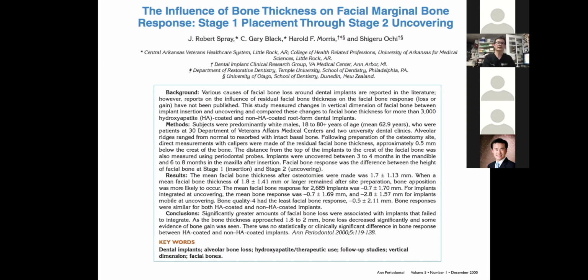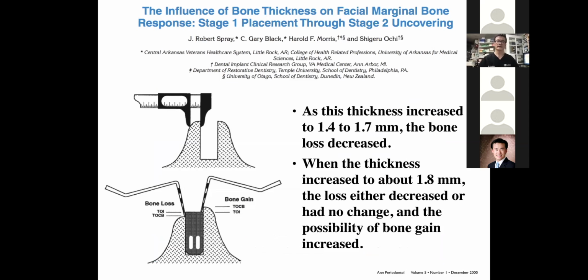This is the classic paper that brought this concept to us. Robert Spray is a clinician out of the Veterans Affairs Medical Centers, and this was a prospective study where implants were placed on patients at the VA hospital. When the implants were placed, they did calibrate and measure the bone thickness, the buccal thickness.